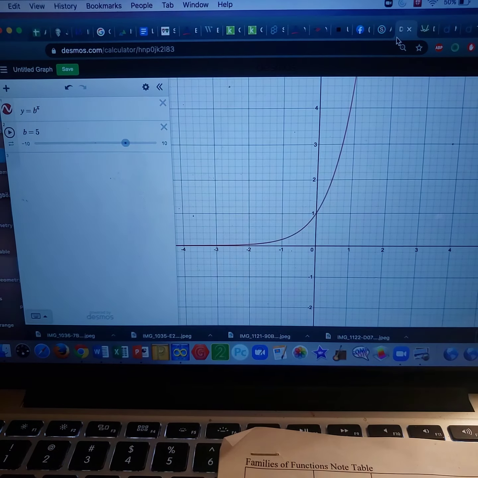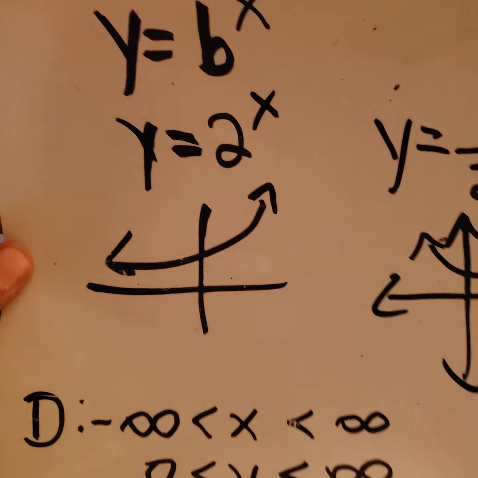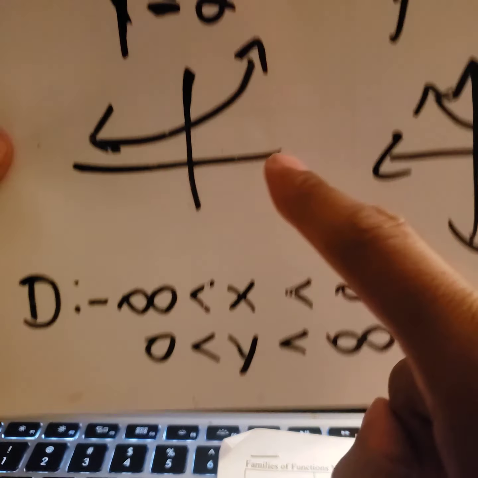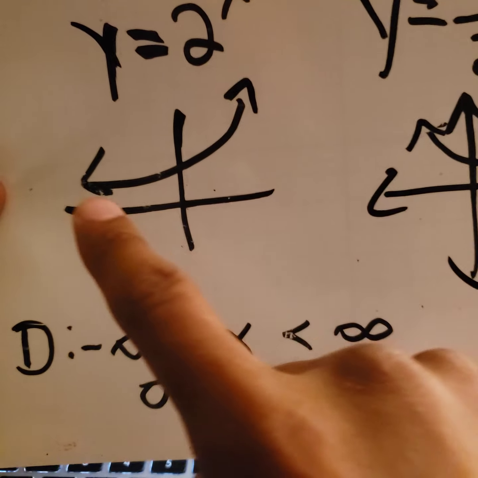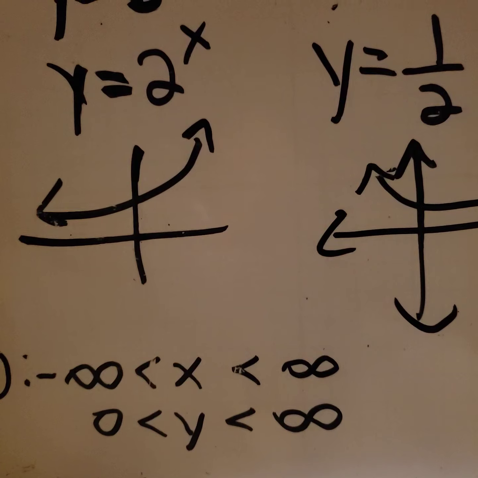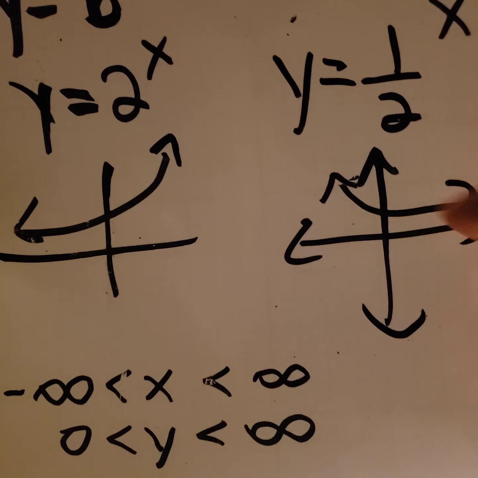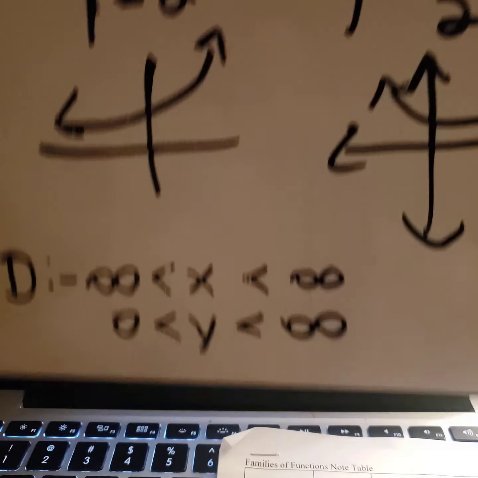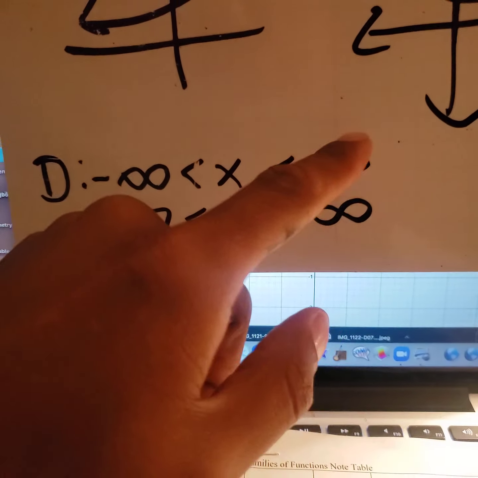Okay, so next one here. Here's a graph. 2 to the x is going to increase exponentially this way. However, if, for example, you have 1/2 for b, it's going to flip to the other side. The domain is from negative infinity to positive infinity.